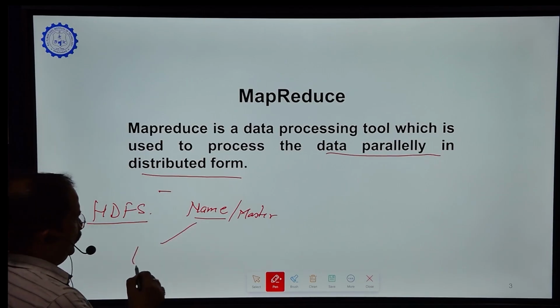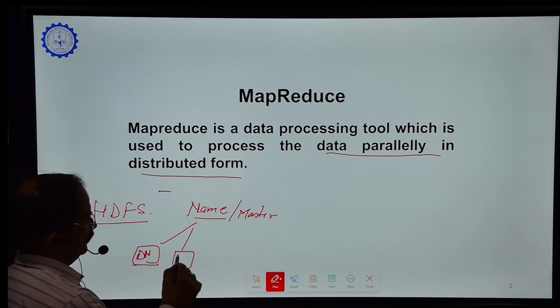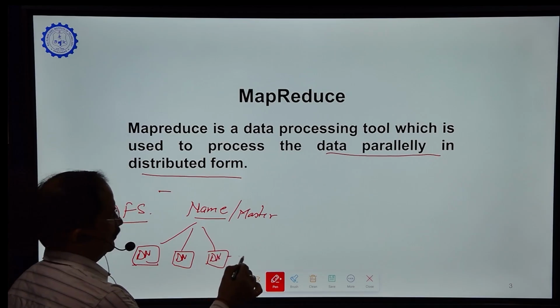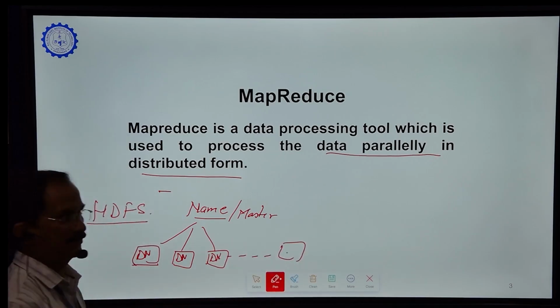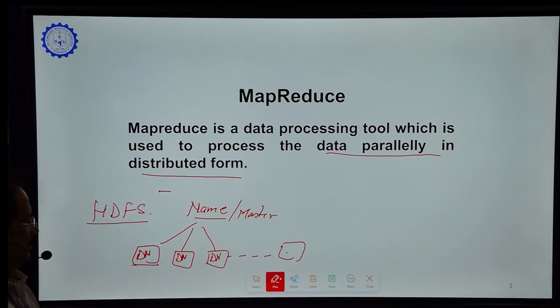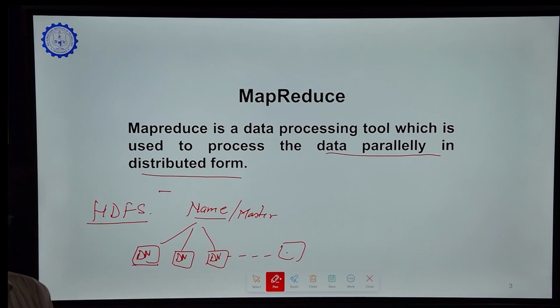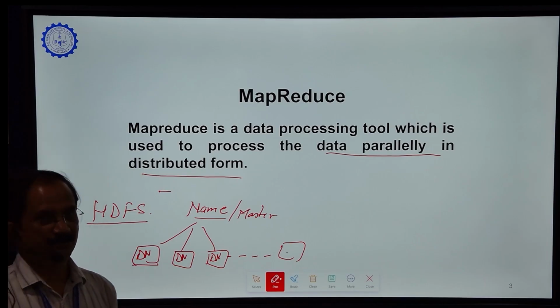There are different data nodes, and these data nodes are basically the commodity hardware where the data is actually stored.